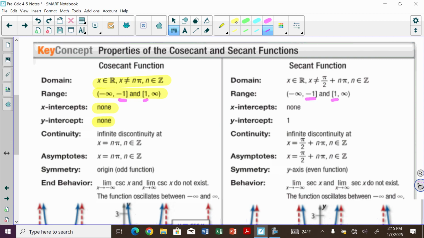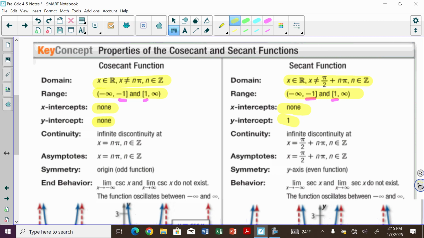That's their maximum and minimum points. So we have a different type of range there. You don't have any numbers between 1 and -1 with the parent function. Again, no x-intercepts, no y-intercepts for cosecant, but secant has one there.